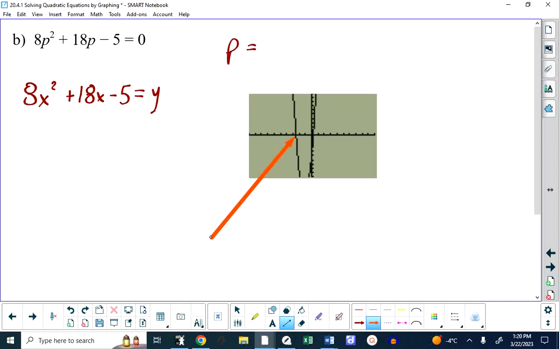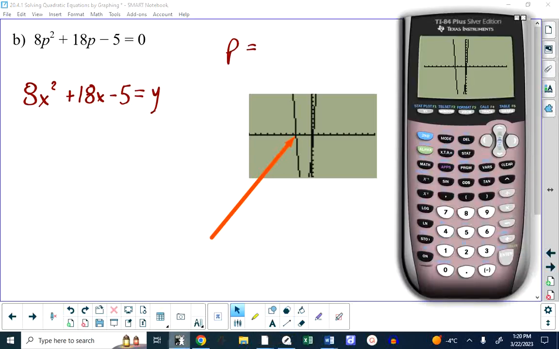So when you try to put your cursor to the left and to the right of it, it's precarious. You're going to move your cursor a little bit and it's just going to take off the screen. So it's probably better to adjust the window settings. I can see by the looks on some of your faces that some of you didn't bother to do that and you still get the answers. Doesn't matter. I like a more complete picture of the graph.